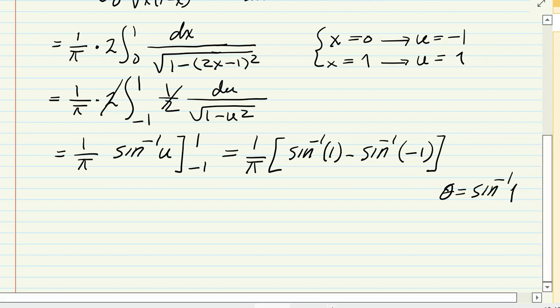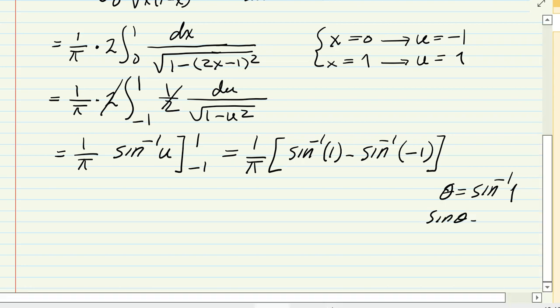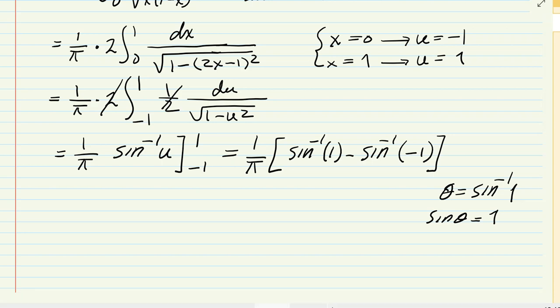So if we want to know what arcsine of 1 is, the measure of the angle theta is arcsine of 1, therefore by definition of the inverse, sine of theta is going to be 1. Now we know that sine of theta is 1 within the range of the inverse, from negative pi over 2 to pi over 2, so pi over 2 is going to be the value that we're going to use.